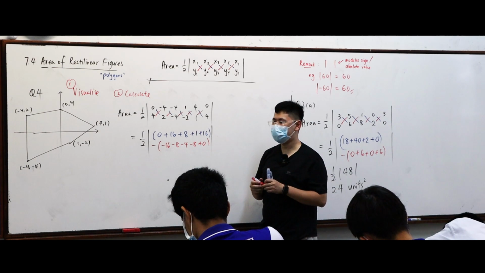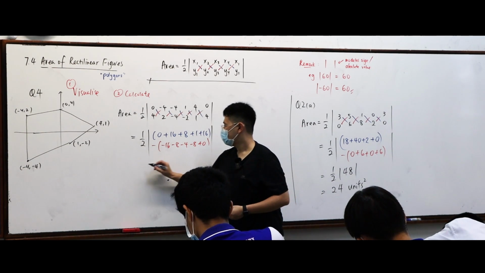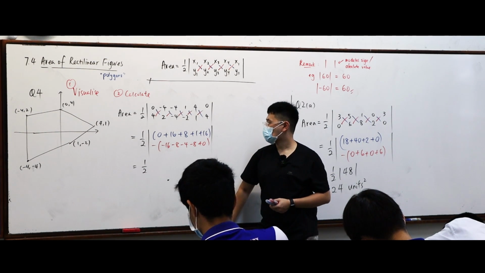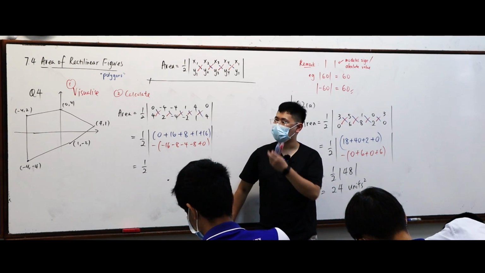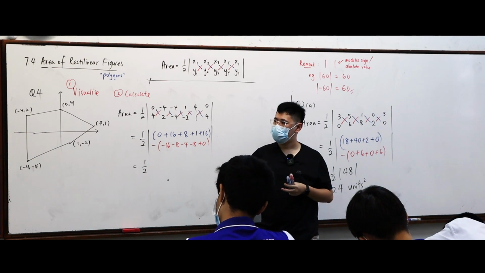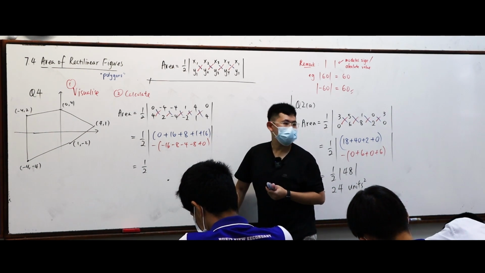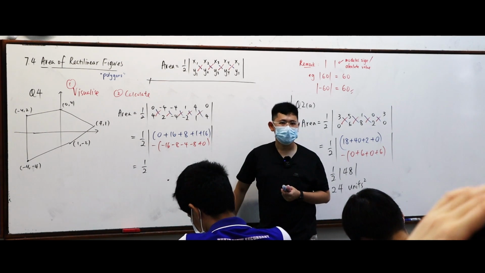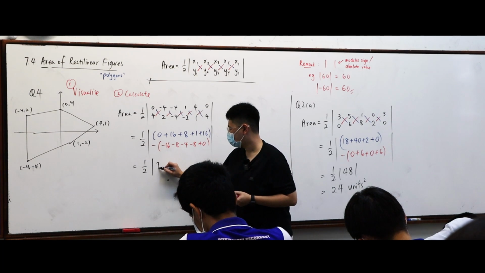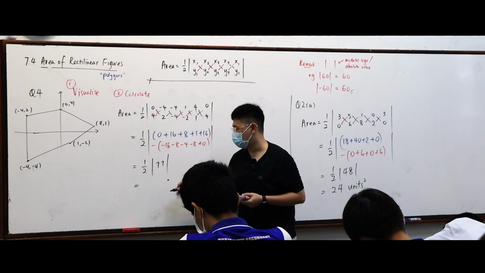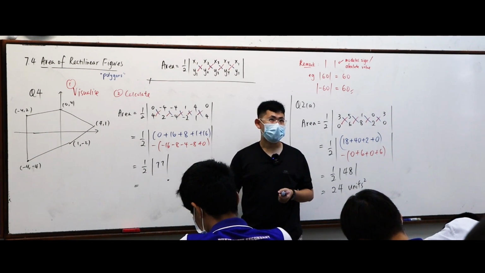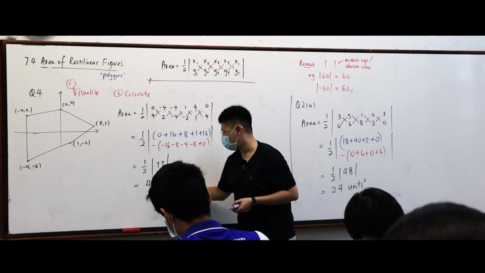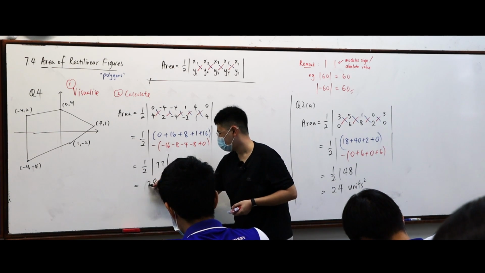So what is in the bracket? 77. So this is going to be equals to 77 divided by 2. 38.5.